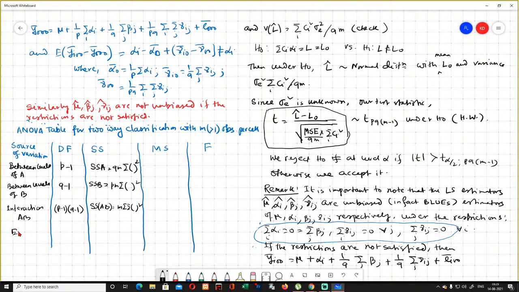Error has degrees of freedom pq times m minus 1, and SSE. Just write the expression of SSE.